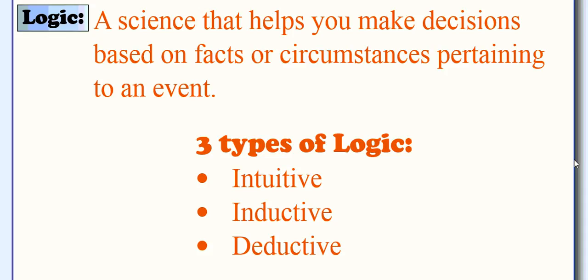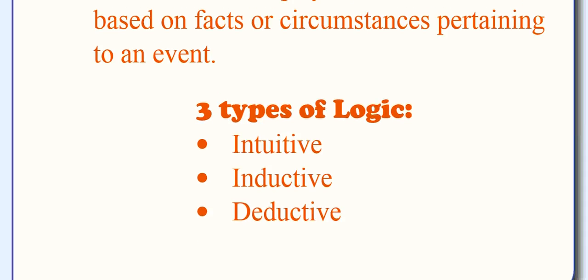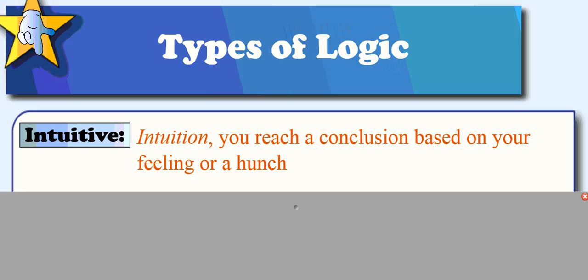Deductive is like when a lawyer is trying to make a case. They start with a more general statement and they're trying to pinpoint it more specifically on, if they're a prosecutor, the person they're trying to convict. So you're narrowing it down, bringing it more specific. We'll talk more specifically about those here. So your intuition, like I said before, is like a gut feeling or a hunch.